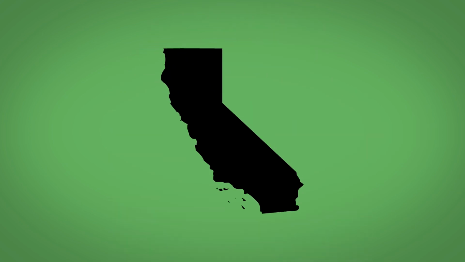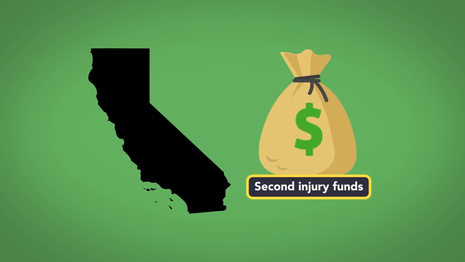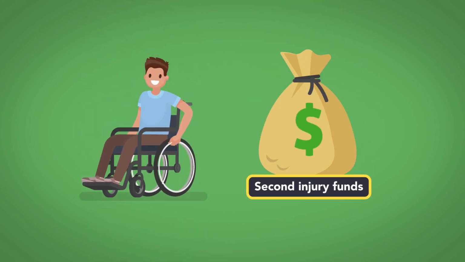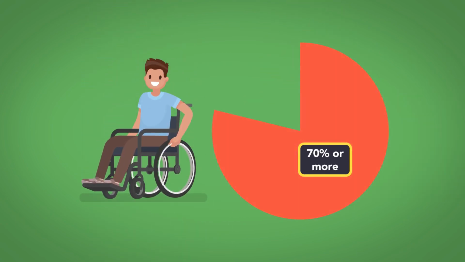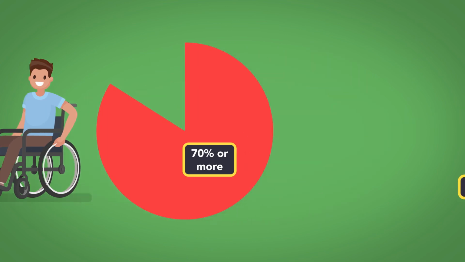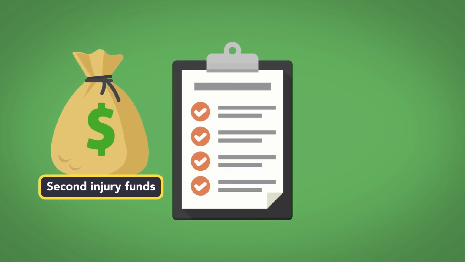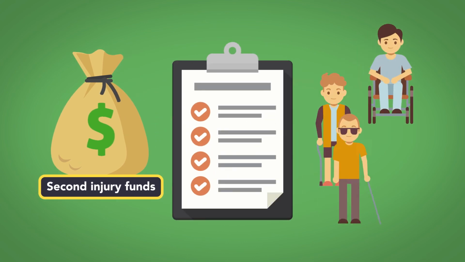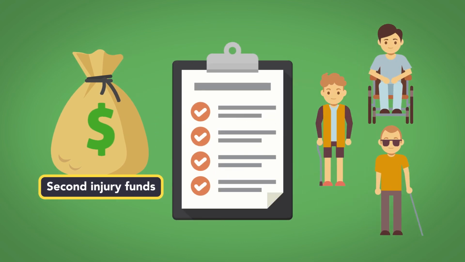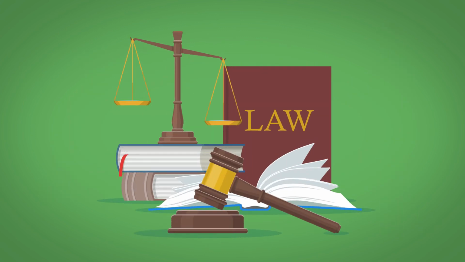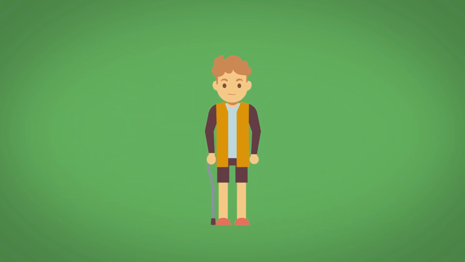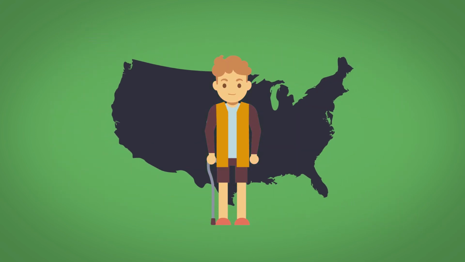California law only provides second injury fund reimbursement where the end disability is 70% or more, among other things. Additionally, some subsequent injury funds may only function to reimburse for certain types of pre-existing conditions. Clearly, the laws applying to pre-existing conditions vary greatly state to state.